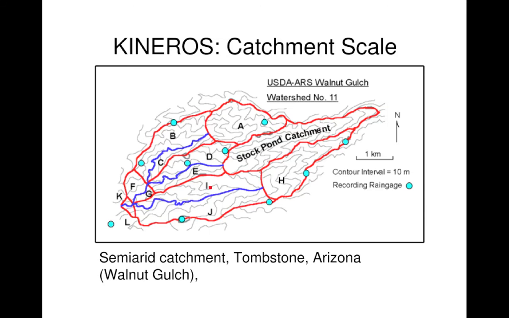So KINEROS, for example, discretizes your catchment, or you have to do this anyway. You have to discretize your catchment into a whole bunch of sub-catchments that are hill slopes, in this case, and channelized hill slopes, and then you set up your river network and then you route your flows.